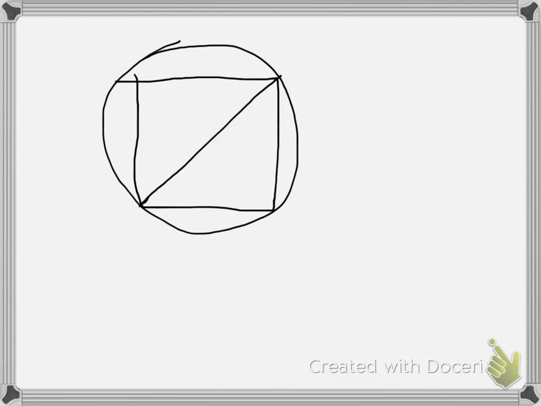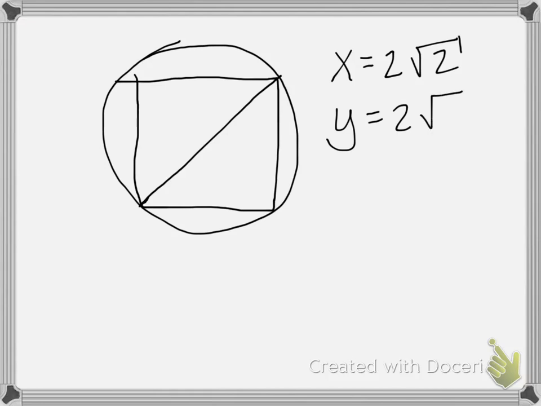It's a special kind of rectangle. So for our x being equal to 2 square root of 2, and our y being equal to 2 square root of 2, our sides are equal, and that gives us our square. And congratulations, you just found a rectangle with the largest area that can be inscribed inside of a circle.